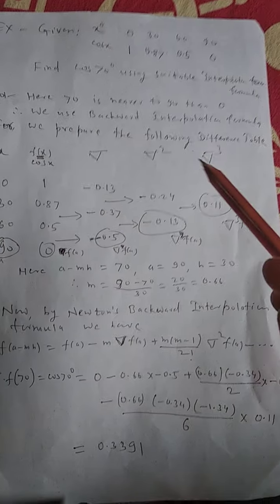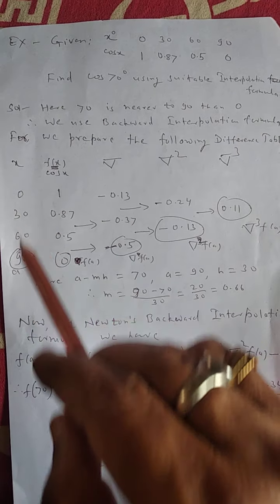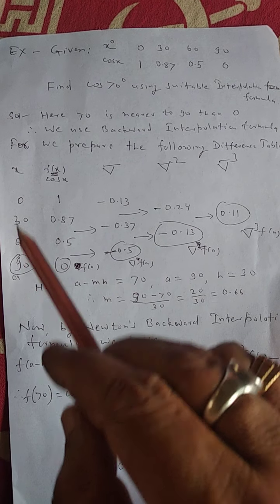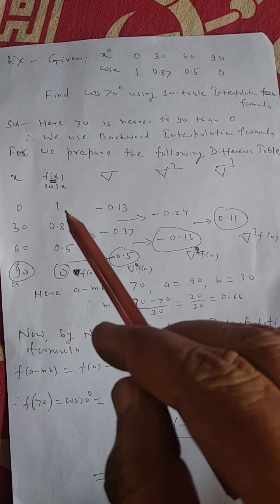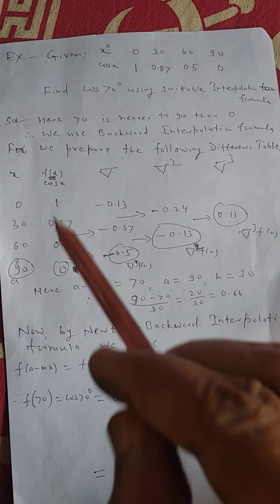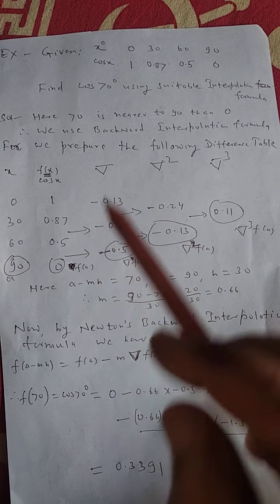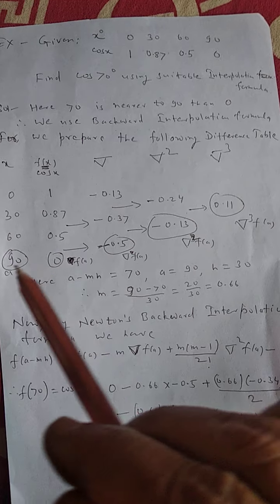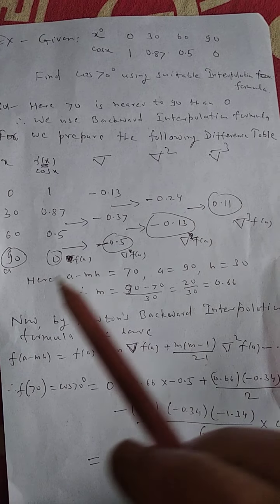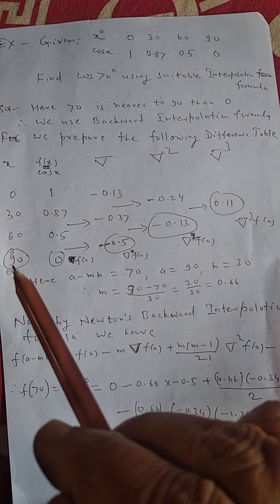We prepare the following backward difference table. So x is in the first column, 0, 30, 60, 90. Then fx is cos x, in the second column, 1, 0.87, 0.50. Then del as usual, but while taking the values you have to take the last values of each column.